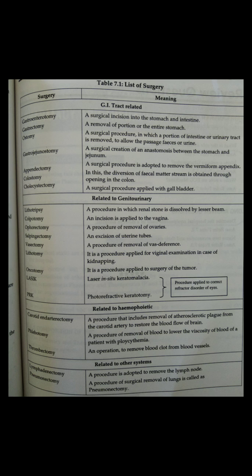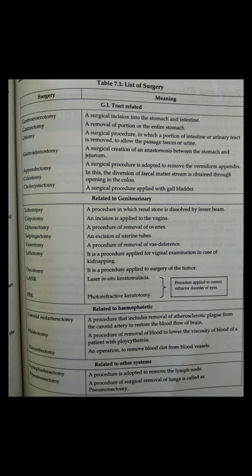Then appendectomy, meaning is a surgical procedure adopted to remove the vermiform appendix. Then colostomy, meaning is the diversion of fecal matter stream through an opening in the colon. Then cholecystectomy, meaning is a surgical procedure applied to the gallbladder.